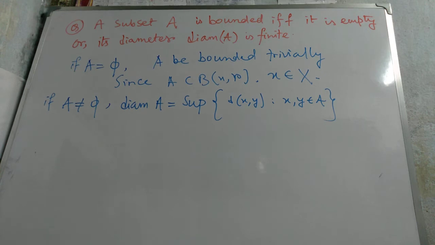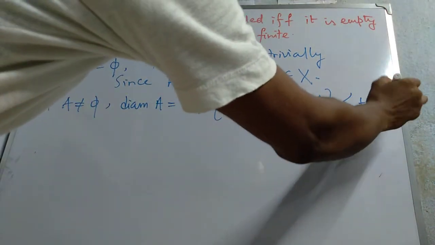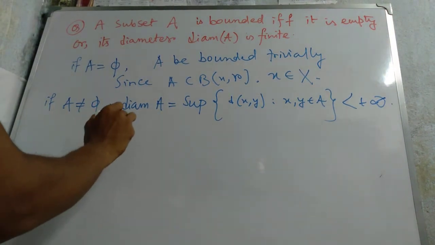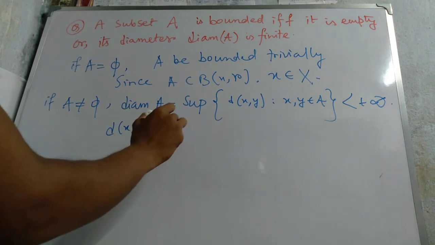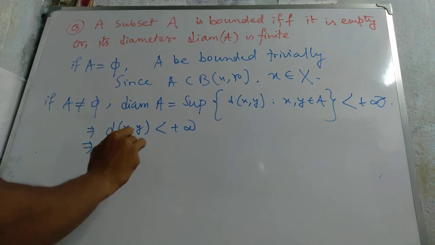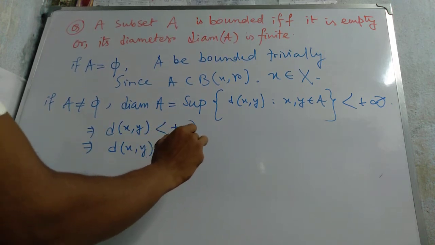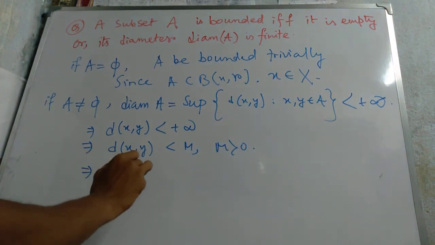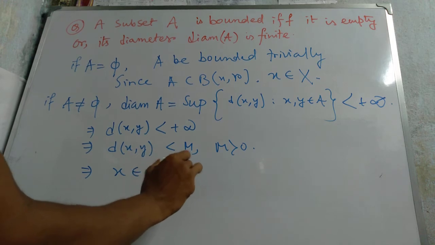A is bounded, or this one is finite, that means less than infinity. Then d(x, y) is less than plus infinity. This implies d(x, y) is less than m for some m greater than 0. This implies x belongs to B(y, m).